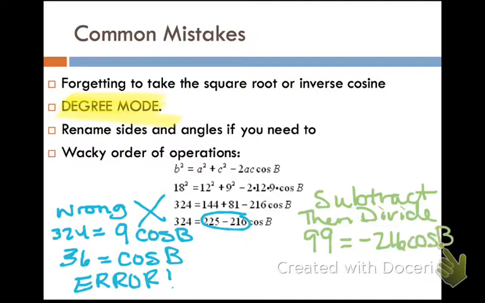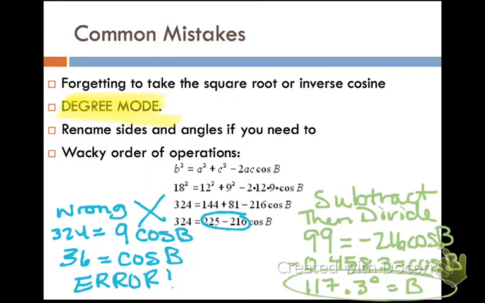And then divide by negative 216. And then take the inverse cosine of what you get, because now you get a decimal. And so when we take the inverse cosine of that, it does not give us an error. It tells us that the answer is 117.3. So please try to avoid that mistake. It's easy, it's going to be tempting, but hopefully, knowing the heads up, you can avoid it.